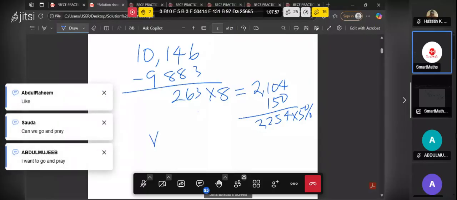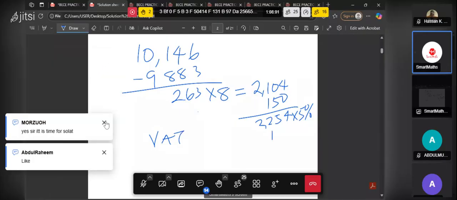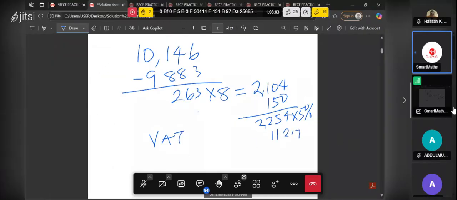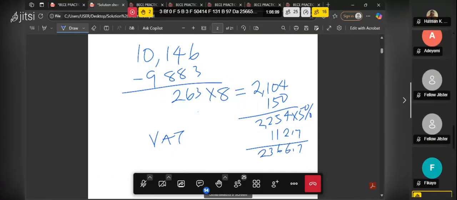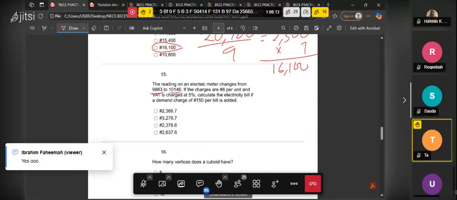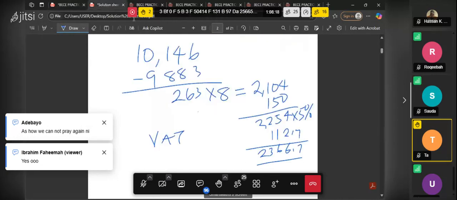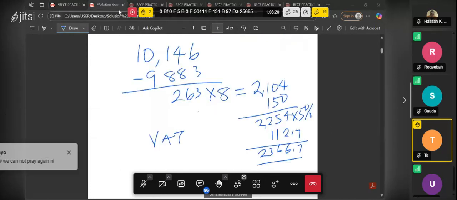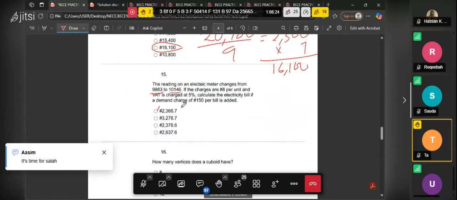So VAT is 112.7. So we have this, that is what is going to be paid, 2,367. That's the first option.